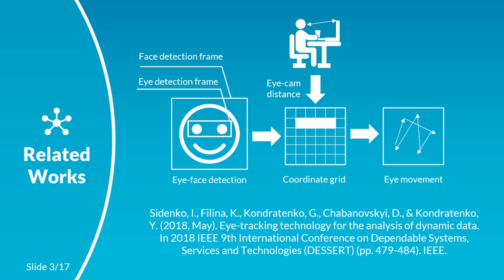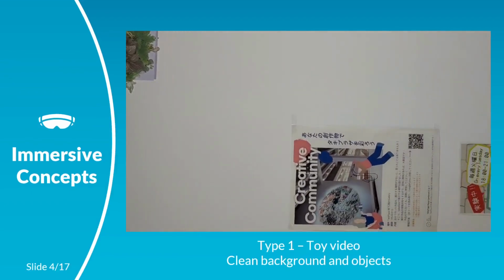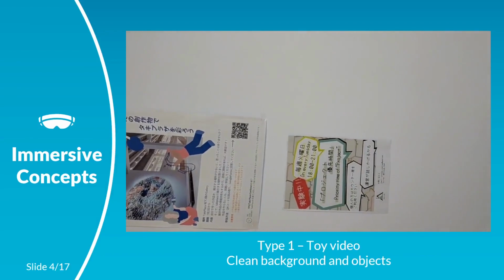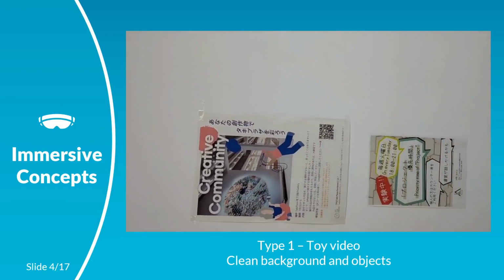In this research, we would like to propose a possible method of gaze tracking which does not require additional hardware, focusing on the contents and features that are concentrated on by the users, which is crucial in educational planning. To test the validity of our gaze tracking method, we will test it on 3 different videos. First one is a toy video, which is a simple panning motion recorded on a clean background with clean objects.